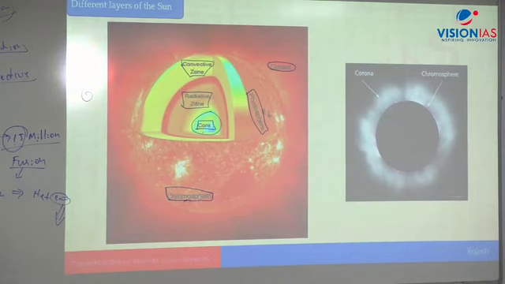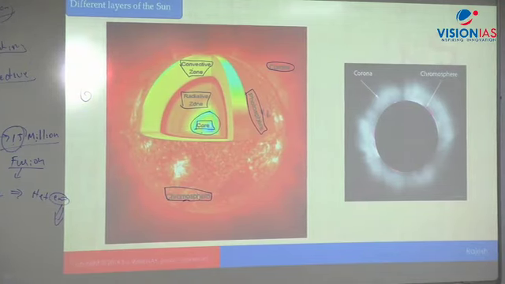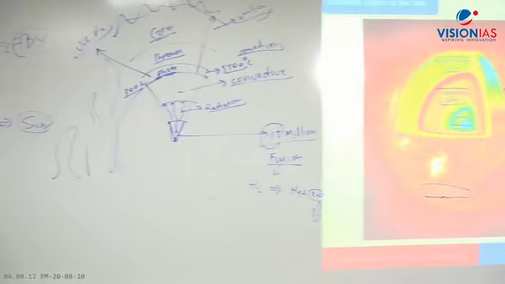Okay, you can write briefly about this, brief points. Layers of the sun's interior. First one, core.